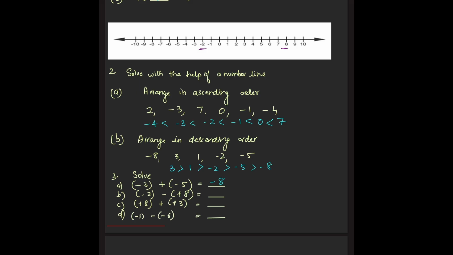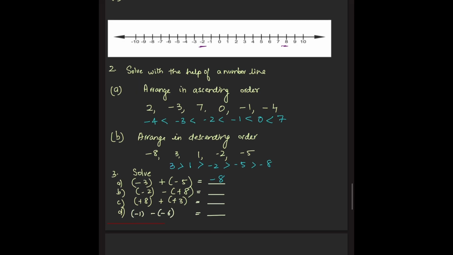Let us count the number of steps. Because we are moving left, I'm already writing a minus sign over here. Minus sign is to move towards the left. How many steps will we take? Let's see. 1, 2, 3, 4, 5, 6, 7, 8, 9, 10. -10 is the answer.